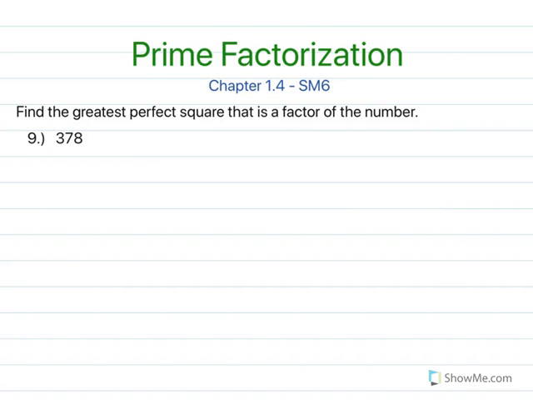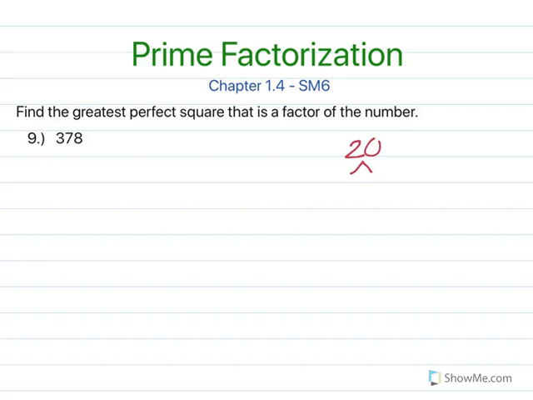All right, this last section could be a little confusing. I'm going to try with a real easy one first to show you, okay? We're going to look at the number 20. And to find the greatest perfect square that is a factor, I'm going to do the prime factorization.